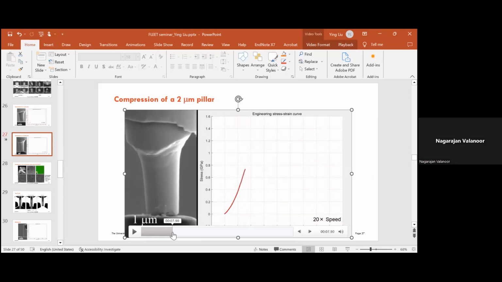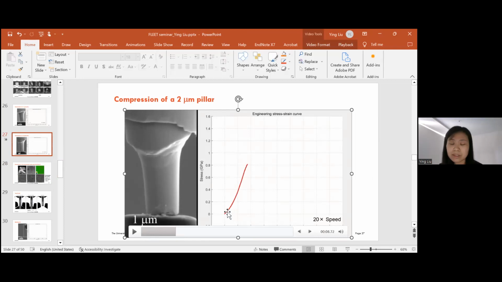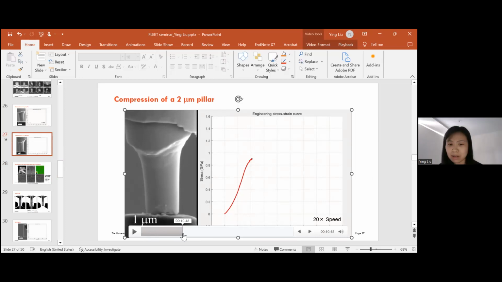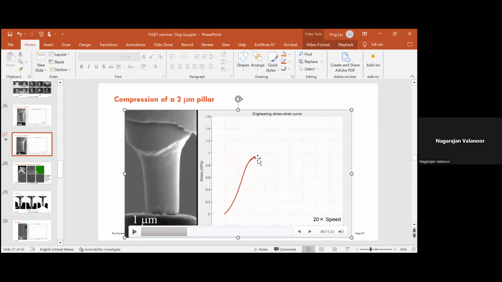Also, when there's a kink, you say it is plastic? Yeah, when the stress-strain curve is more or less a straight line, it's supposed to be elastic. Yes. When the stress-strain curve becomes bent, there is some plastic deformation happening.